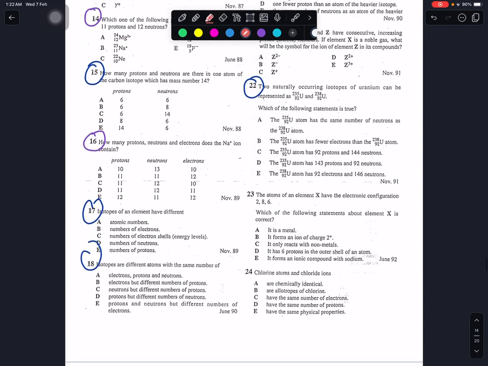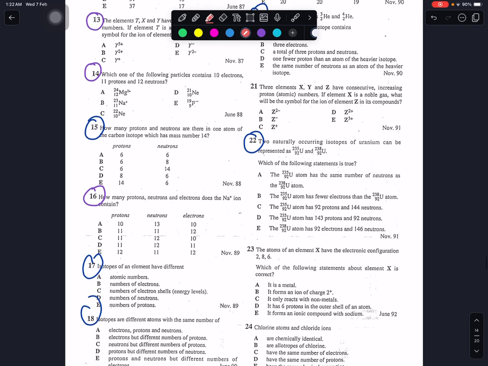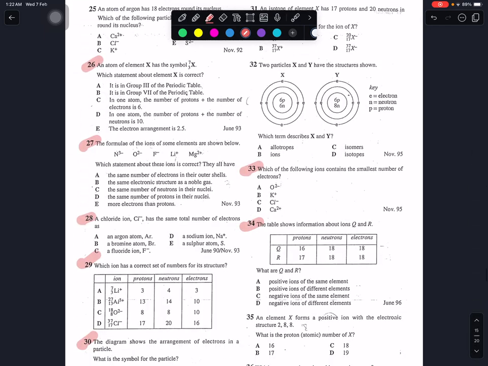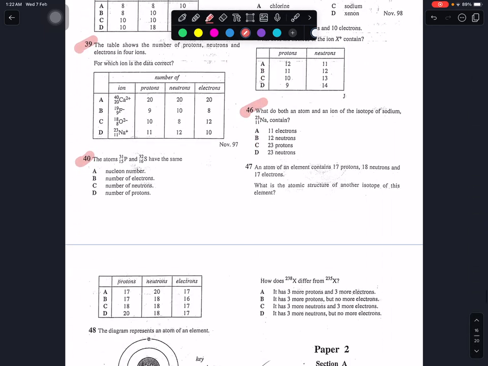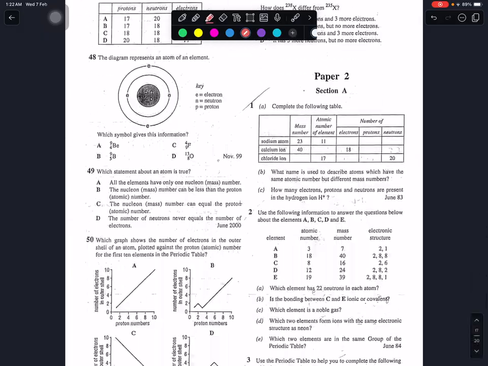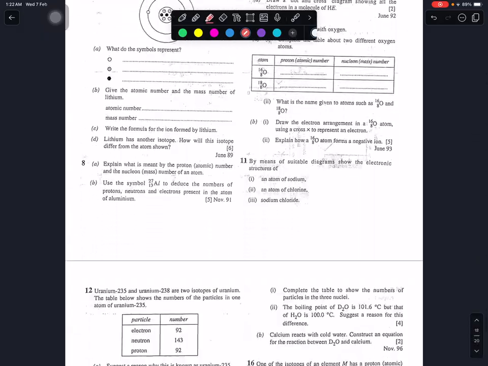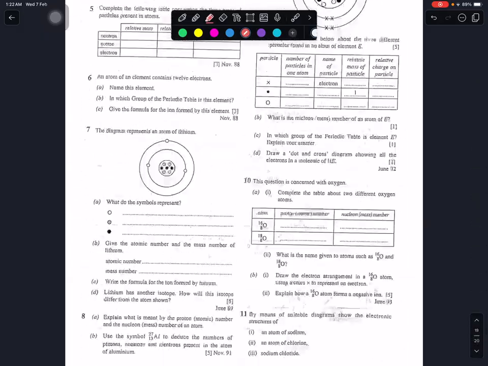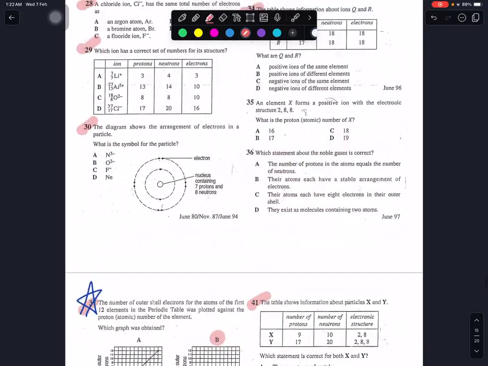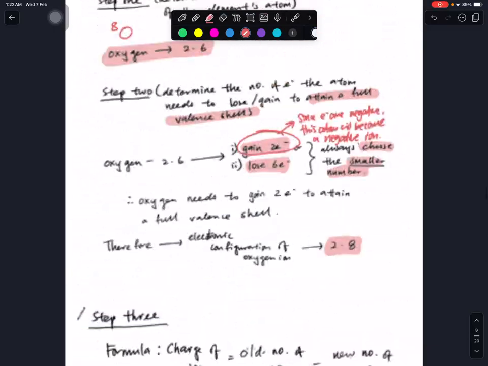For the rest, those that I have circled in the different colors, the red, purple, and blue, those are the questions that are fixed. The questions that I highlighted are a little bit more extra. It's up to the discretion of the tutor, but of course for a start you can follow what we have shown you.